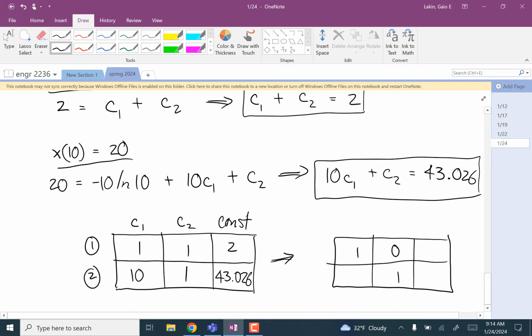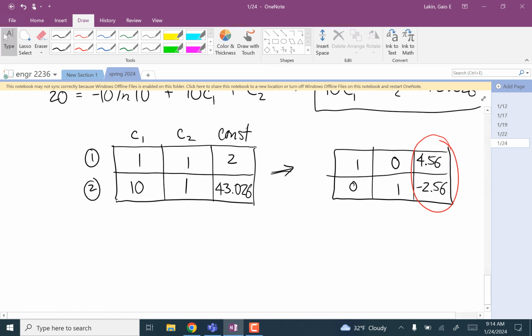with all ones in the main diagonal, zeros everywhere else. And then, can someone do that for me? Calculate those two values? 4.56 and negative 2.56. And so it gives you these two answers, and those are the answers for C1 and C2 in whatever order you put them in this matrix.